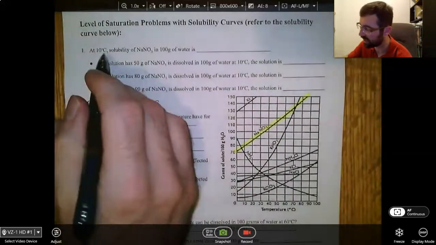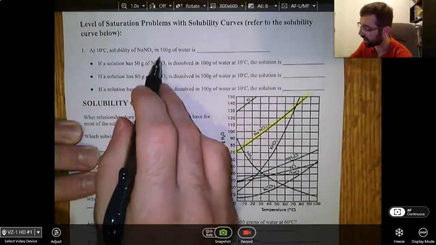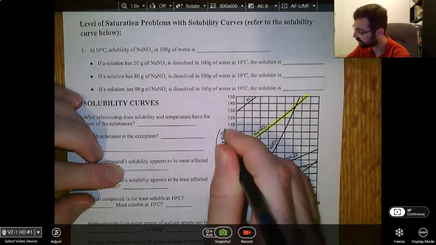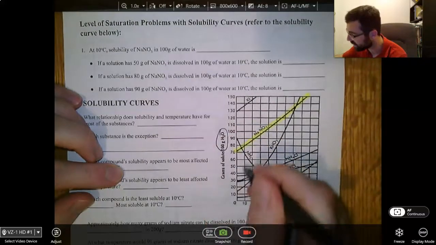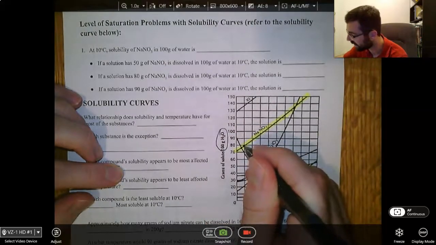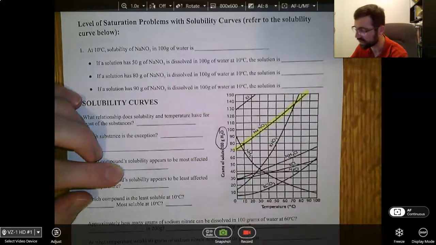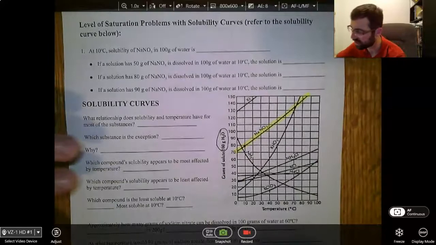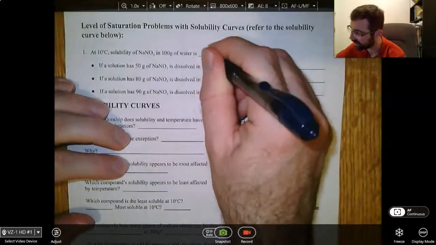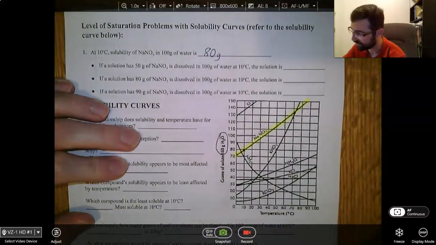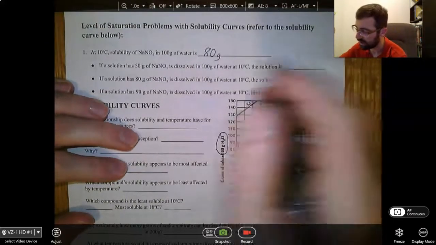What's the solubility of sodium nitrate in 100 grams of water? Well, at 10 degrees Celsius, it's going to be wherever that dot is, where it intersects with the line for sodium nitrate. So that's really close to 80. I know it's a little below, but I'm just going to call it 80 grams of sodium nitrate in 100 grams of water.